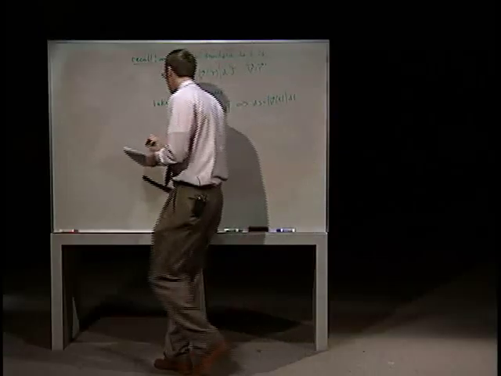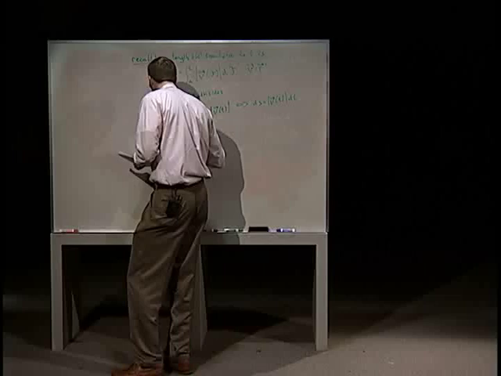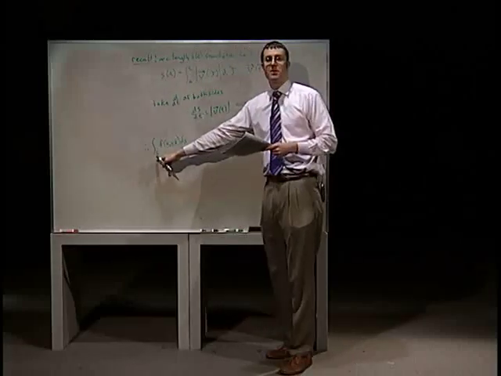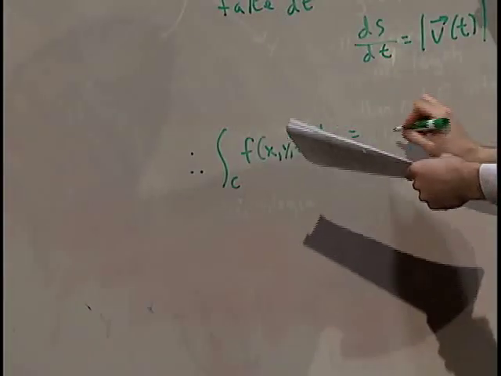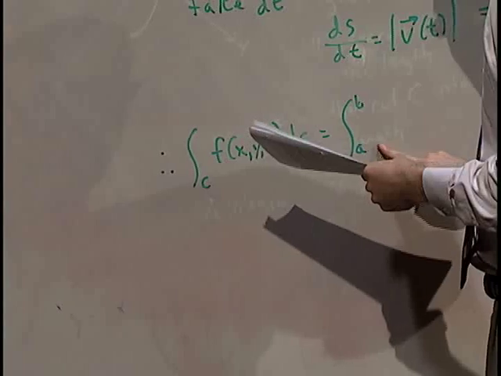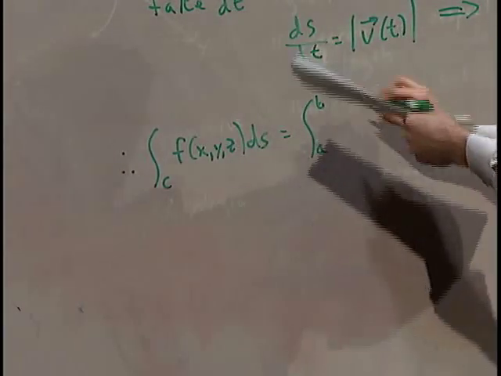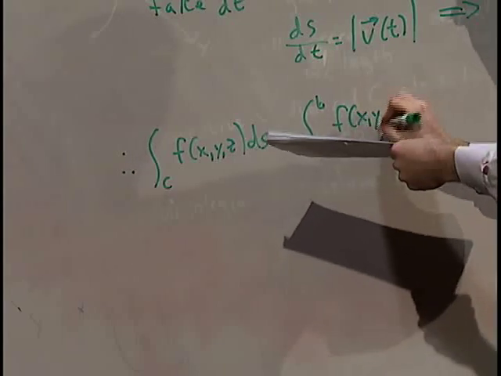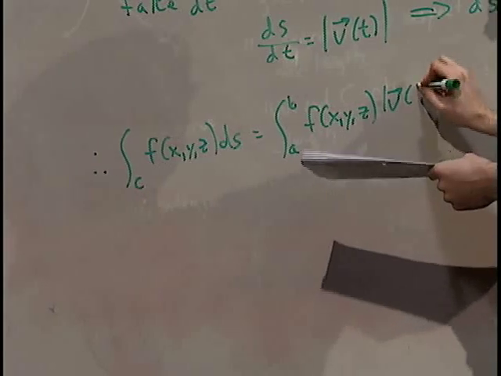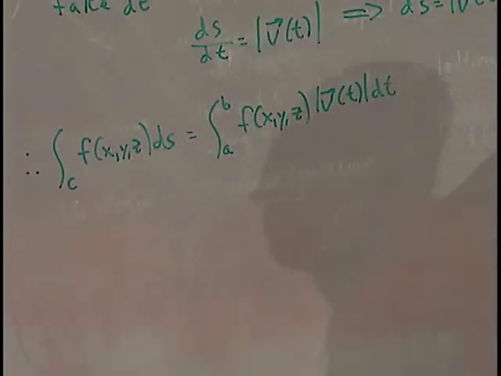Okay, so our line integral, which was f of x, y, z ds over the space curve C, well, we want it in terms of a single variable, so now it's going to be the integral from a to b of f of x, y, z times the length of v(t) dt, as such.